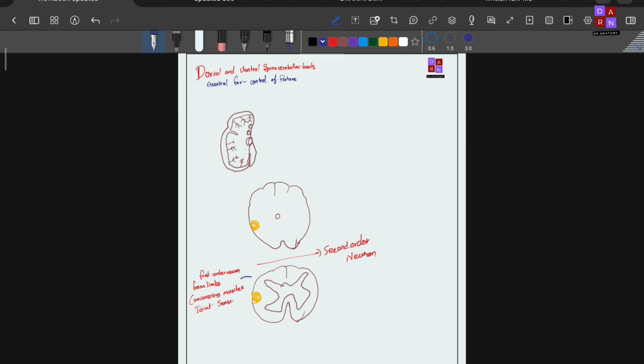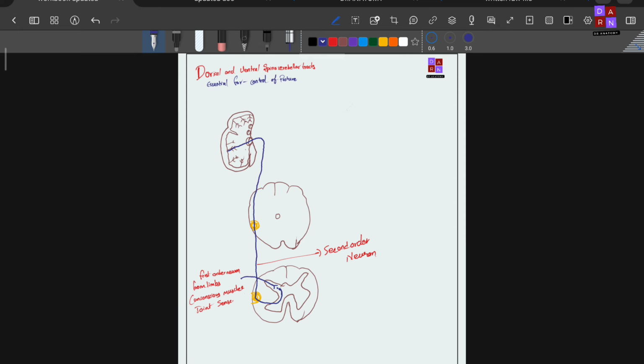It enters the posterior horn of the gray matter. From the second order neuron, it goes into the dorsal spinocerebellar tract in the lateral part of the white column of the spinal cord, and it ascends into the medulla oblongata and enters the inferior cerebellar peduncle.